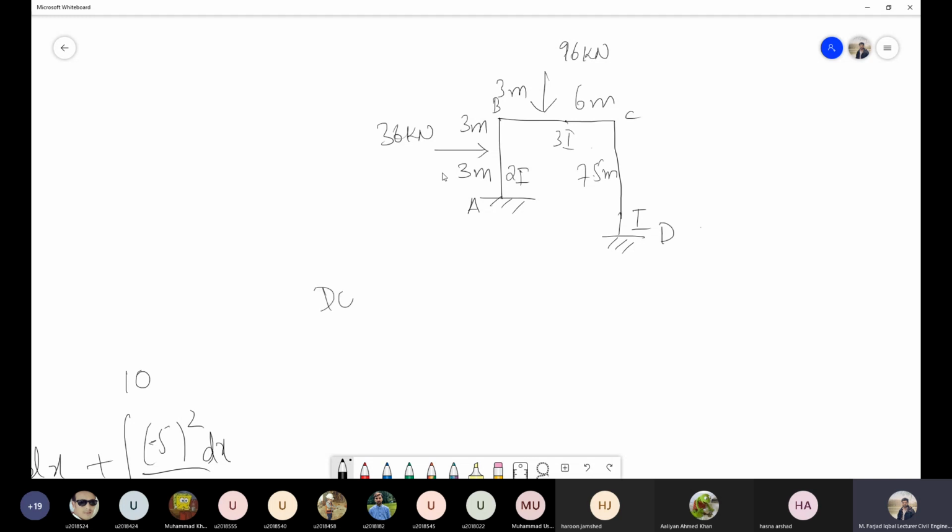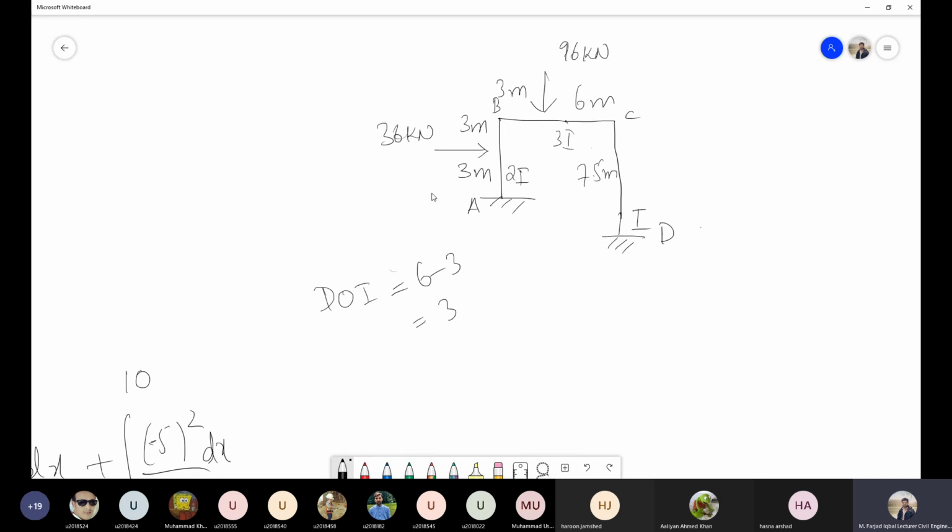So what is the degree of indeterminacy of this frame? Three. So we have 6 unknowns, 3 equations. So the degree of indeterminacy is 3.